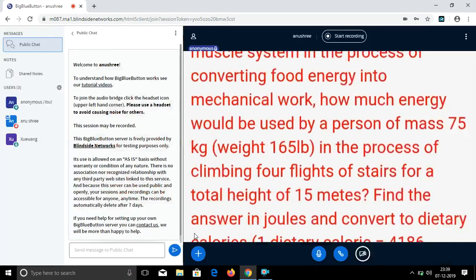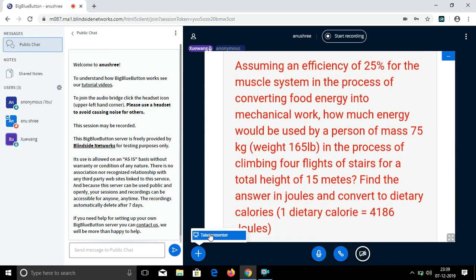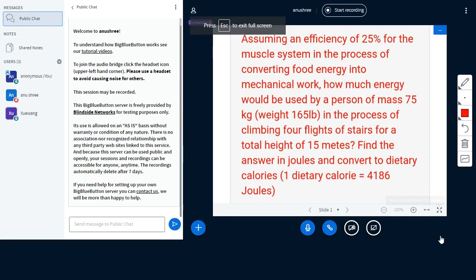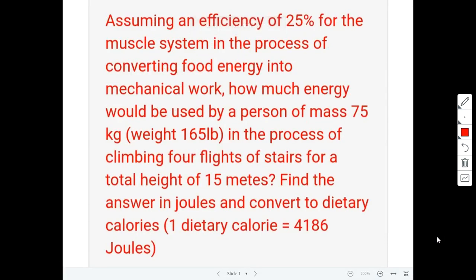So are we supposed to find the gravitational potential energy? No, actually it's not the gravitational potential energy that you have to calculate. You just have to calculate the energy required. It's given that assuming an efficiency of 25% for the muscle system in the process of converting food energy into mechanical work, you have to calculate how much energy is being converted into mechanical work.